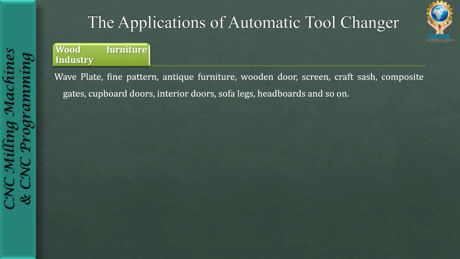For these types of manufacturing and machining operations, we need many different varieties of tools. Each and every time, loading and unloading would be difficult, so the productive time would be increased. In order to reduce the productive time, if you use an automatic tool changer in the wooden industry, it will be easy.